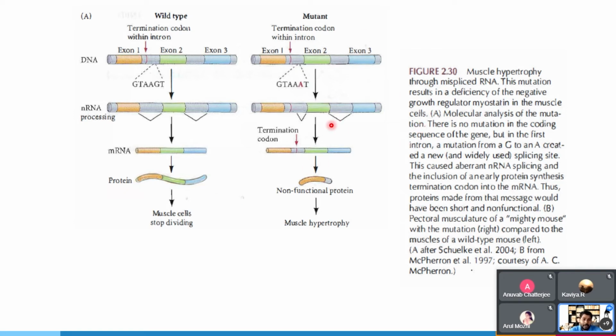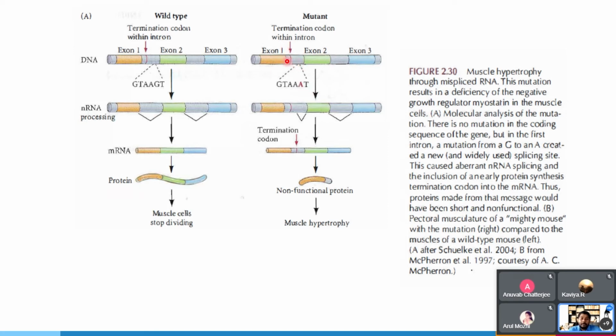In the mutant mice, there is a particular GTAAGT sequence that is present in the intron. With the mutation, a G gets converted to an A, and this essentially acts as the splice site that I was talking about earlier. So it acts as the splice donor site.